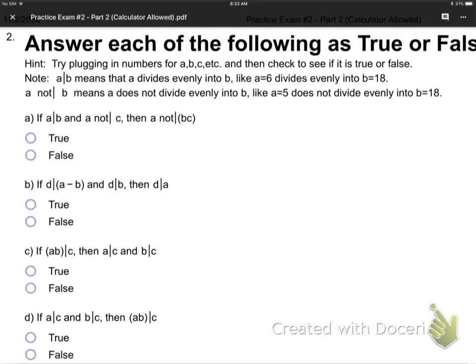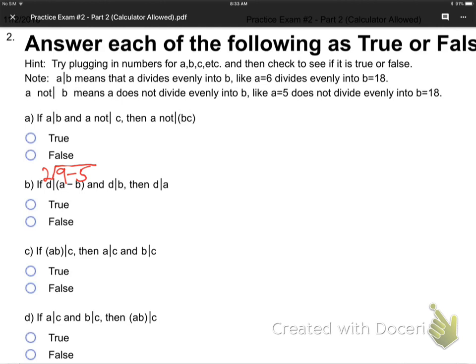So if D divides into A minus B, so I got to pick a D. Let's see. 2 goes into A minus B. How about 9 minus 5, right? Because 2 goes into 4.